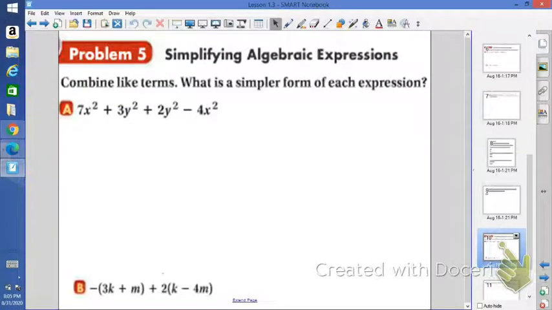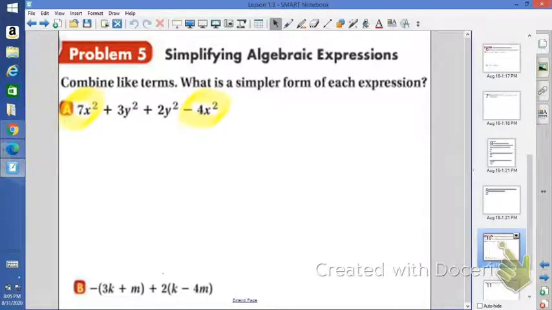So we're going to use this in problem 5 to simplify algebraic expressions. So we want to combine like terms and write a simpler expression. So let's go through and let's circle all the x squareds. So we have a 7x squared and a negative 4x squared.